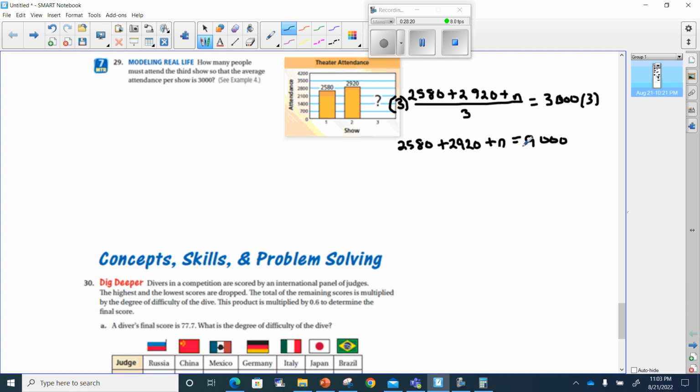Now I got to add these two together, right? So if I add these two together, I'll just put one underneath the other. That's going to give us 0. 2 plus 8 is 10, carry the 1. That gives us 15, carry the 1, 5,500 plus n is equal to 9,000.